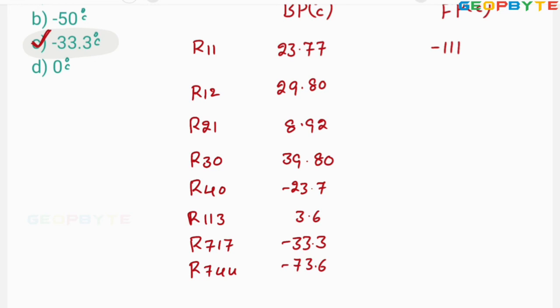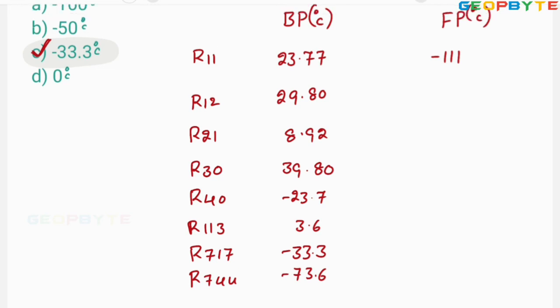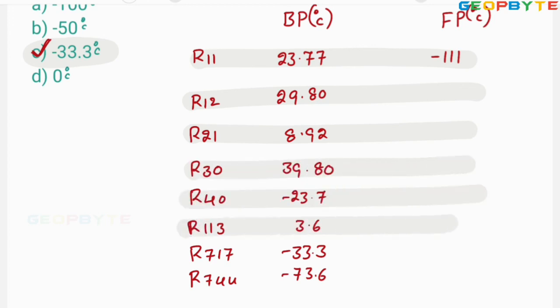Similarly, let us take the freezing points. Freezing point of R11 is minus 111 degrees centigrade. Come to R12, R21, 30, 40, 113, ammonia, R744.